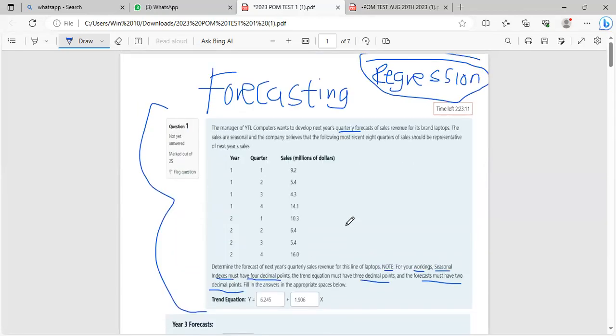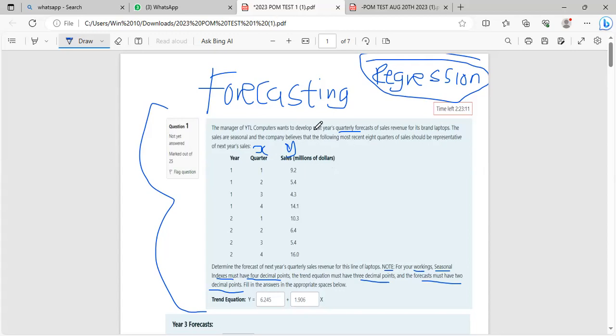So please take note of what is going on here. The sales is the Y, and then the quarter is X. Sales depend on the year. So this is what happens as we are using the regression line.